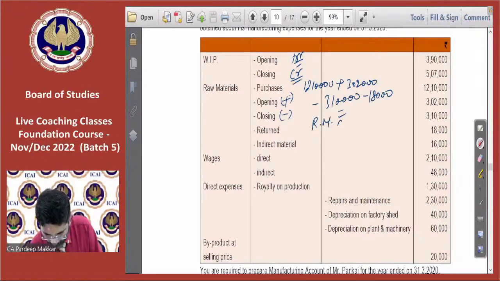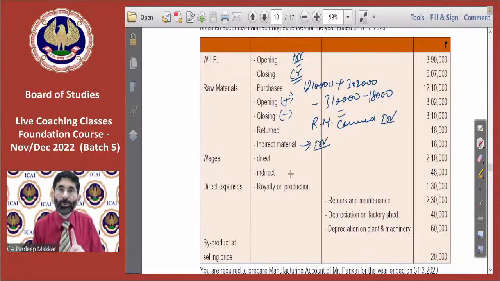Raw material consumed in debit side of manufacturing account. Indirect material, that will also go to debit side. Material direct or indirect, both are the part of your manufacturing account. Wages direct or indirect, both are the part of your manufacturing account.